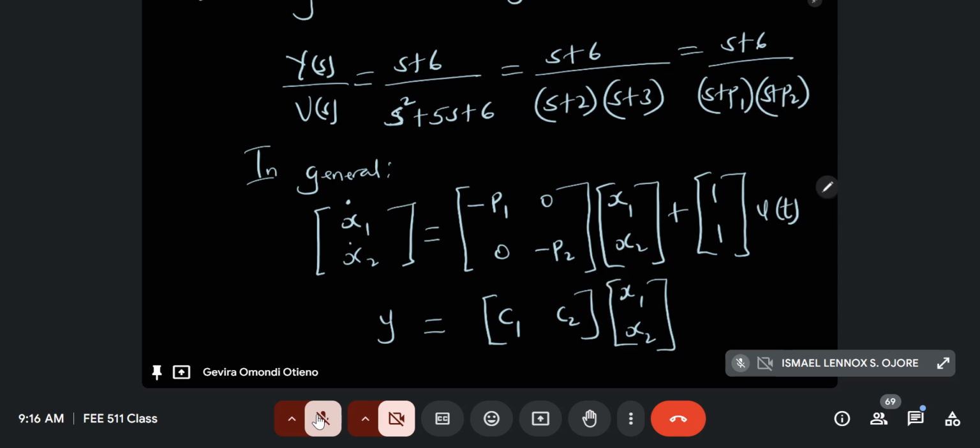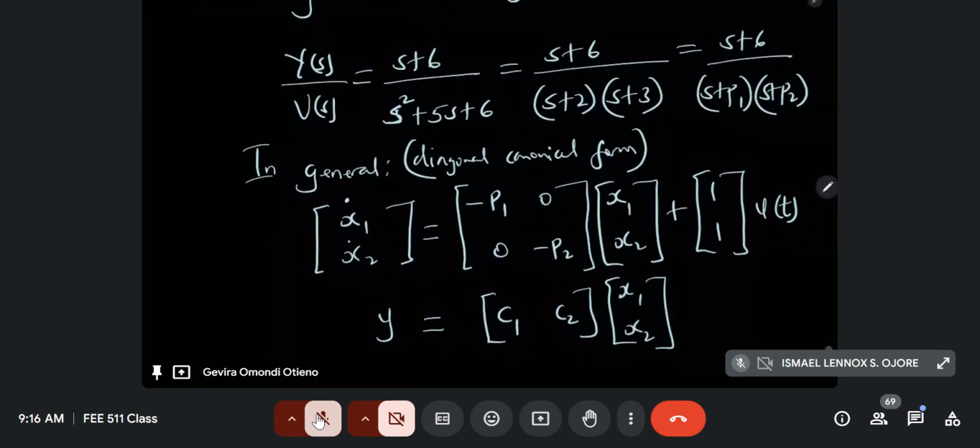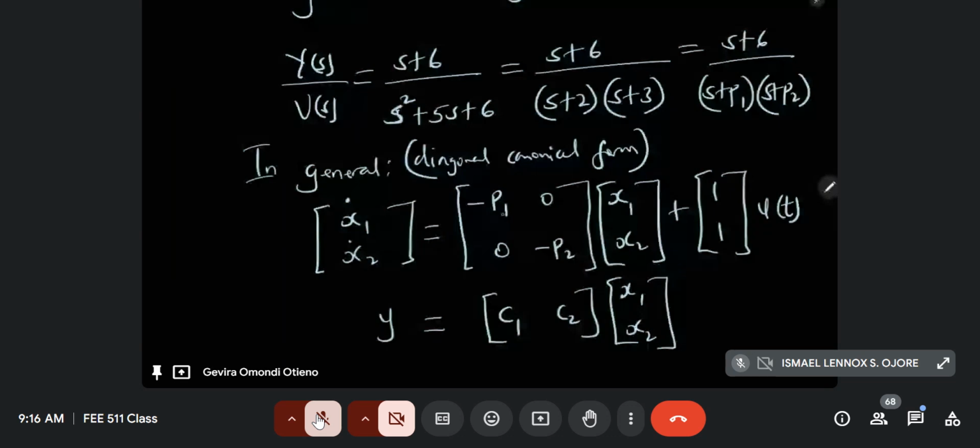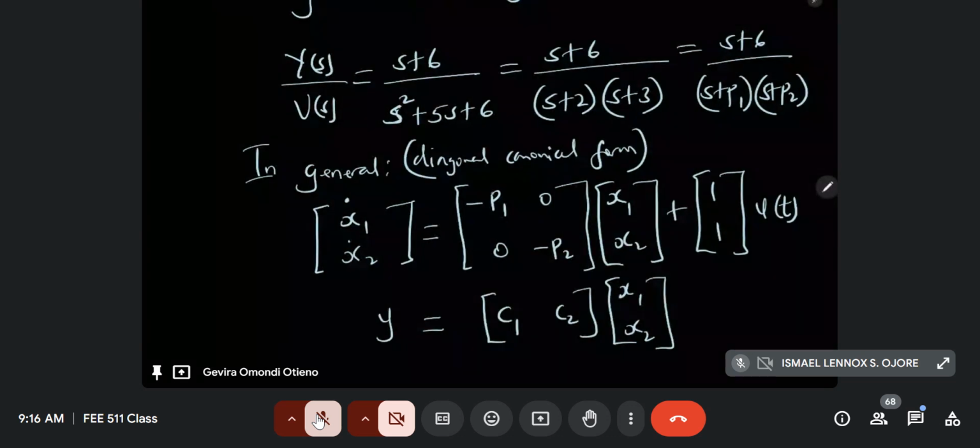So this is the general format for diagonal canonical form. The general format. You can see that in the general format, we must write the state equation in this form, where you have the negative of the first pole, the negative of the second pole. So poles are listed in the diagonal, in the leading diagonal.